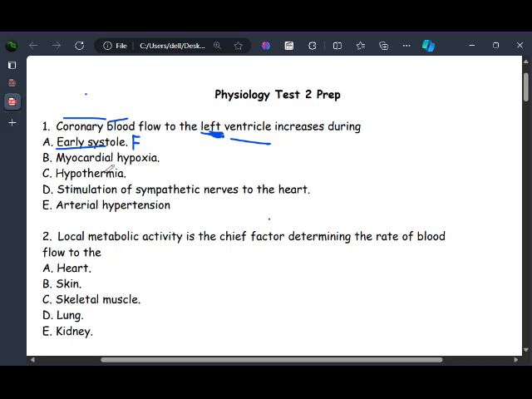That said, option B says that during myocardial hypoxia, blood flow to the left ventricle will increase. Okay, so two words here, myocardial and hypoxia. We know that hypoxia is having insufficiency of oxygen reaching a particular tissue.